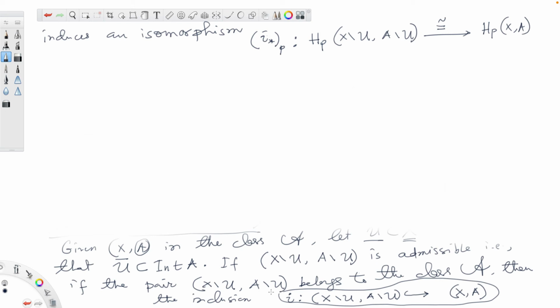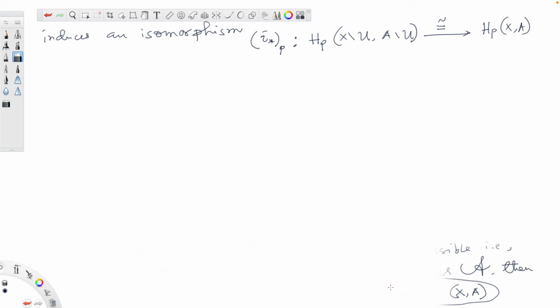Good. Now, axiom 7, which is called the dimension axiom.